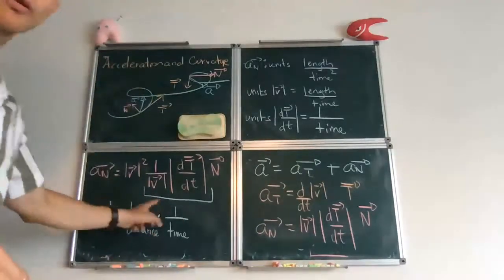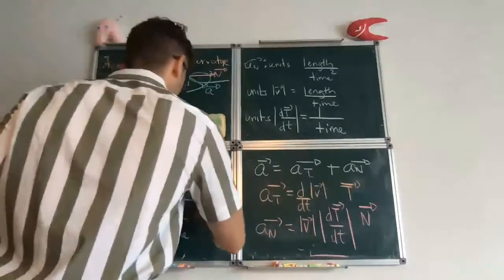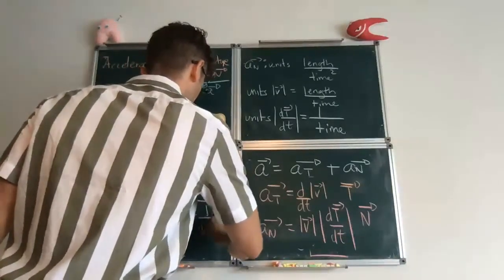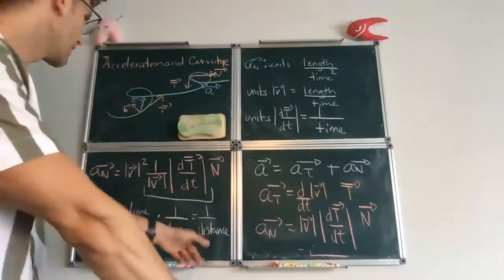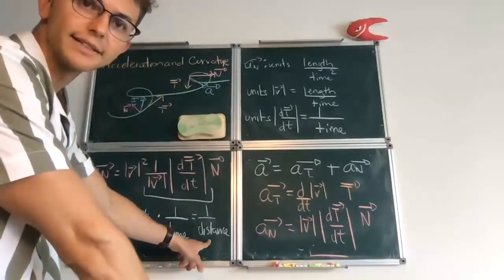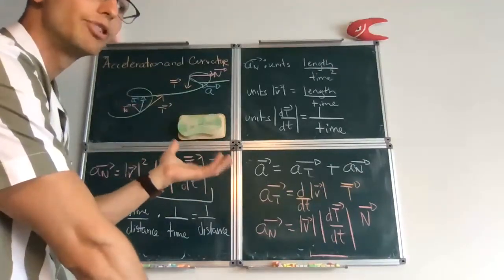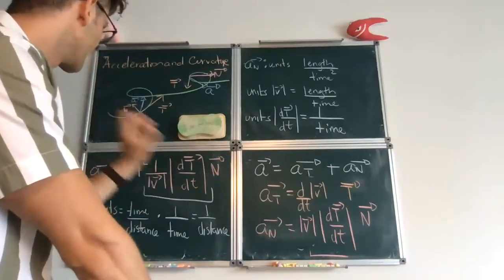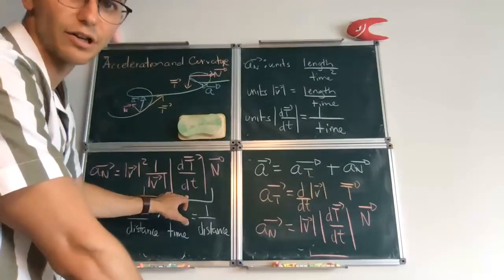So the time units cancel, and you just get 1 over distance. So this now does have units of 1 over distance, and what we wanted was something related to distance units. This seems to be an interesting quantity, and in fact this is what's known as the curvature.